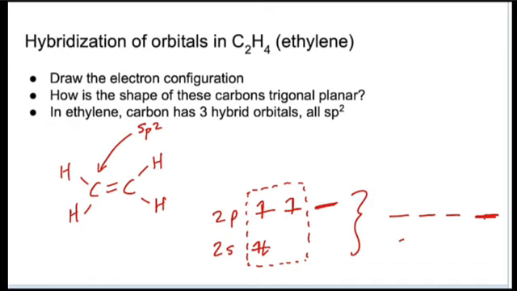And so we get 3 sp2 hybrid orbitals and one leftover p orbital. And so these electrons will fill this way, and with one electron in each sp2 hybrid orbital, that is how the carbon forms 3 sigma bonds, and with the electron in the p orbital, that is how the carbons will pi bond to one another.